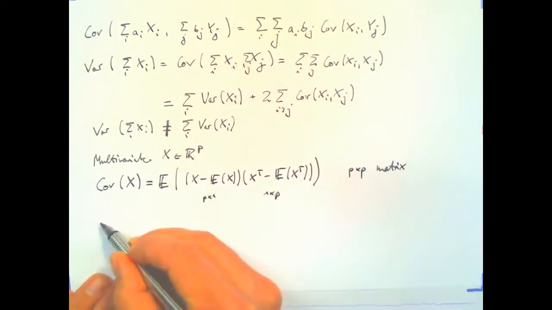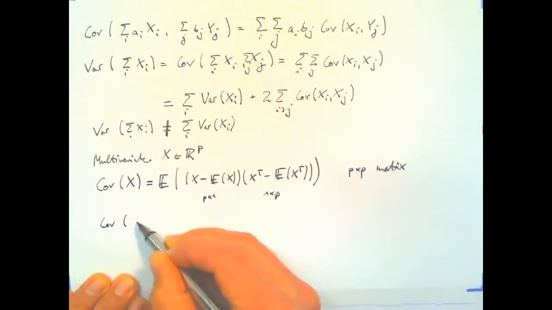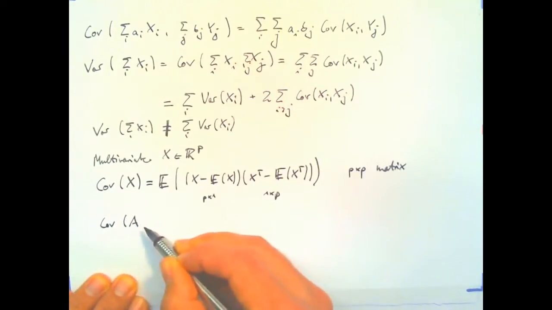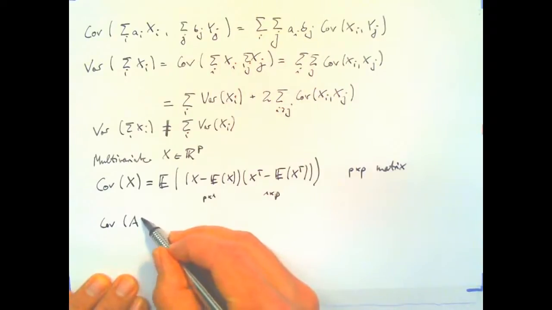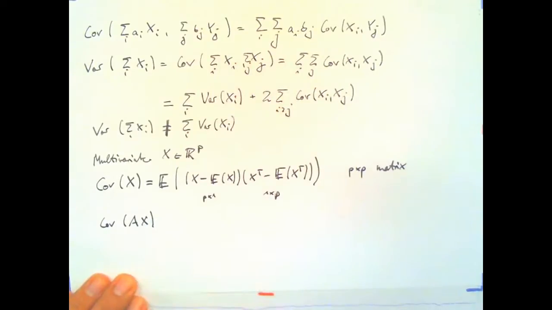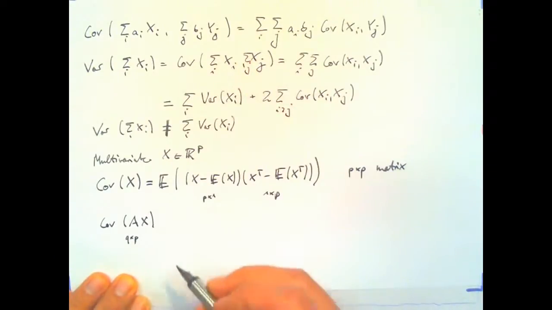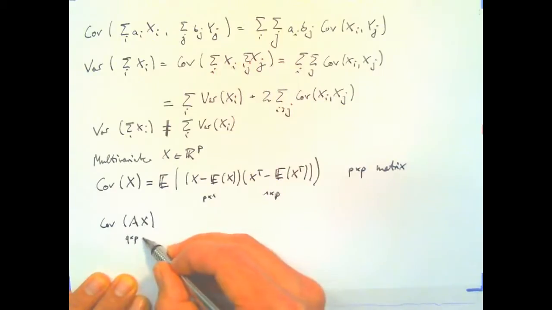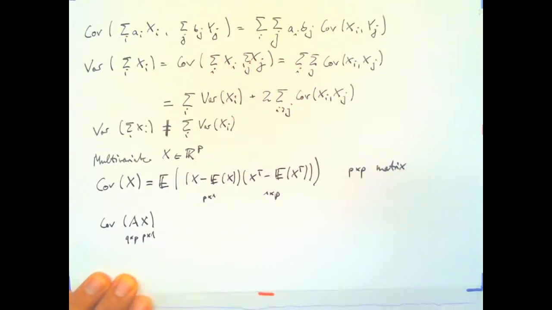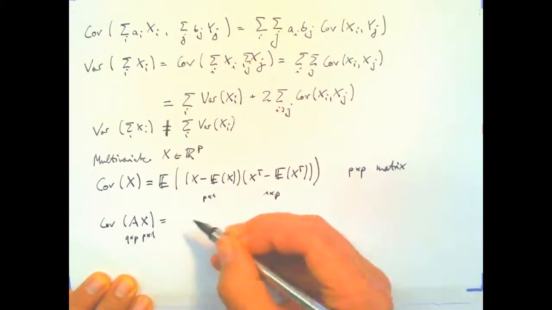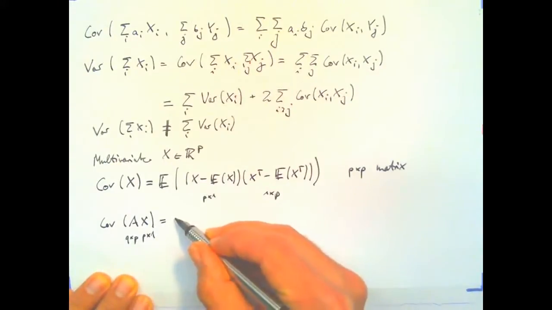And if we now look at a multivariate random variable which is transformed by a linear operator A, so A is a q by p matrix, and X was my p by 1 random vector, I simply use the definition.